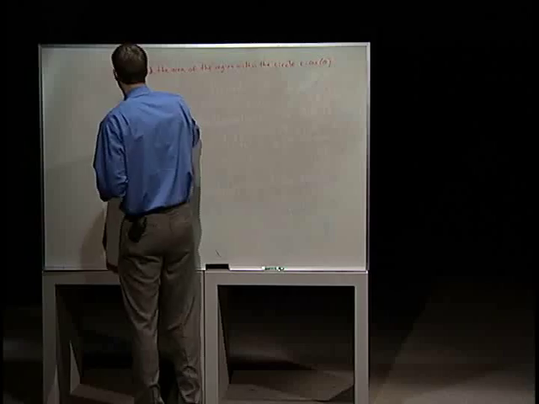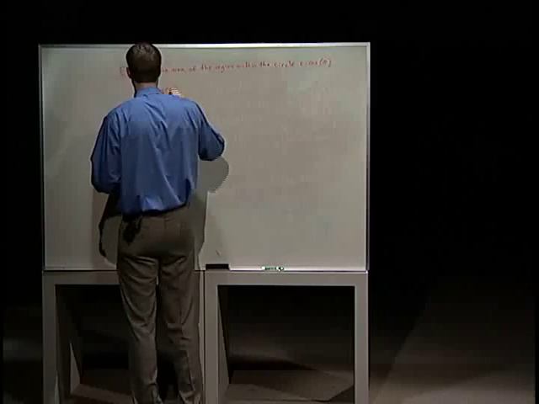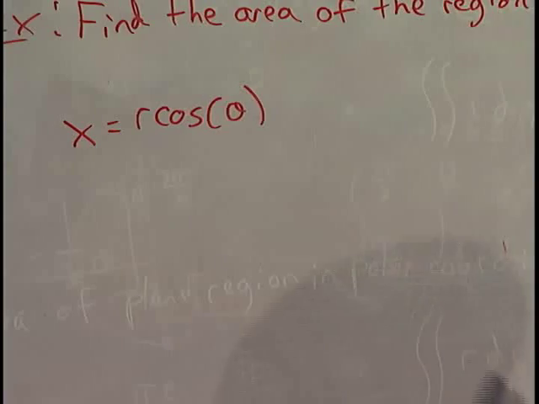Well, first of all, what does this thing look like? It's given in terms of polar coordinates. We have to kind of figure out what's going on with this here.